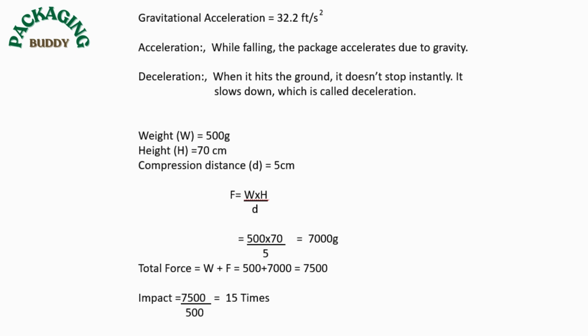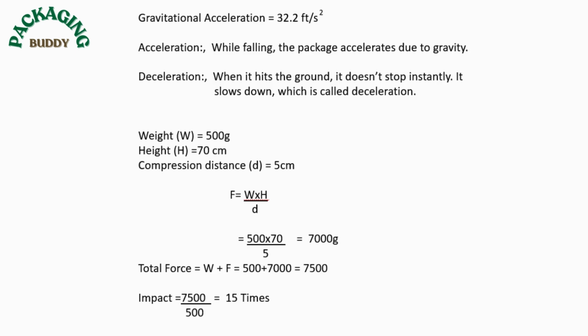Example of impact force: let's say a package weighs 500 grams and drops from 70 centimeters. If it compresses by 5 centimeters when it hits the ground. Force: during deceleration, F is equal to 500 multiplied by 70 divided by 5, equal to 7,000 grams.